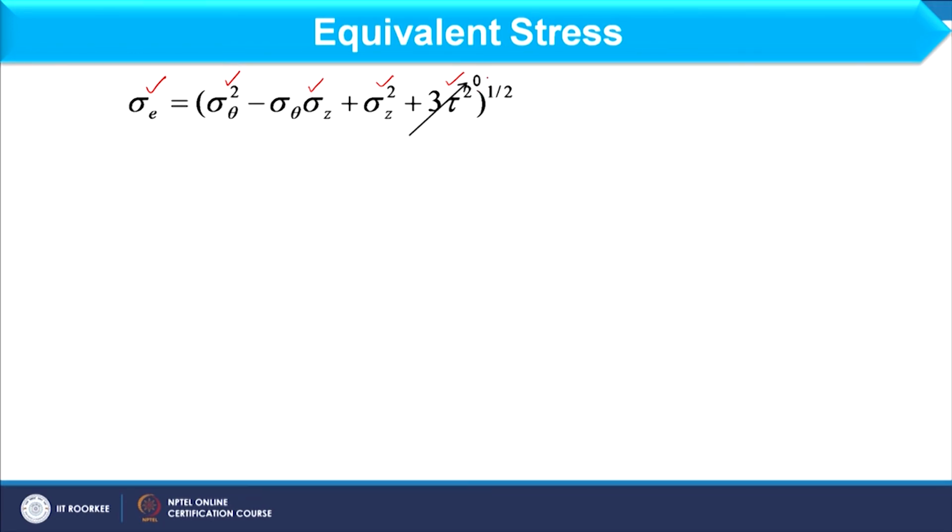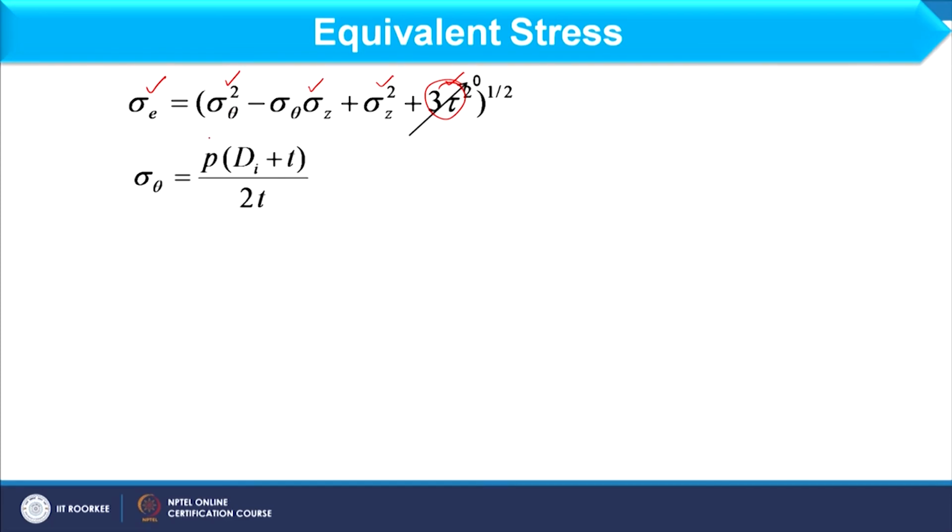And in this expression we can neglect this term, because this tau is basically the torque which is generated due to wind, and it will try to rotate the column or rotate the vessel, fine, and that is very negligible. So, we can neglect this. Secondly, this sigma theta is basically the hoop stress, and we also have derived the expression related to this in the last lecture.